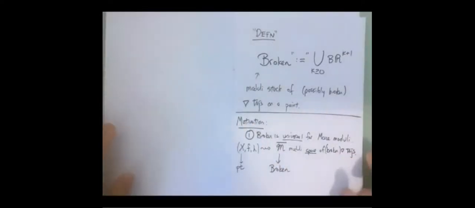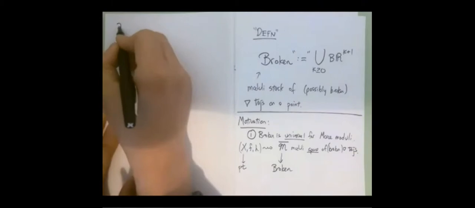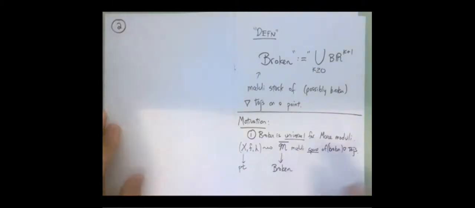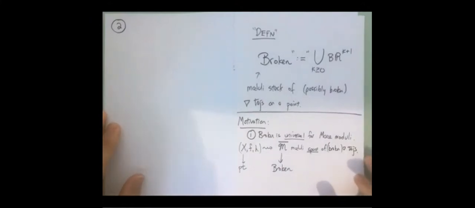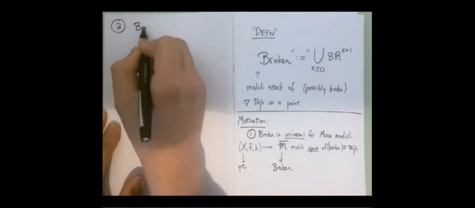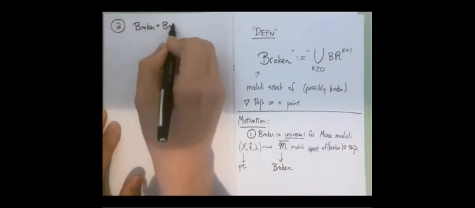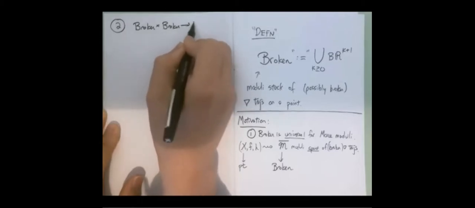Okay, so here's another motivation. Maybe you don't care about Morse theory. Maybe you care about algebra. So let me observe some geometry that'll get me to some algebra. I actually want to notice that broken has an associative operation, a non-unital associative operation.